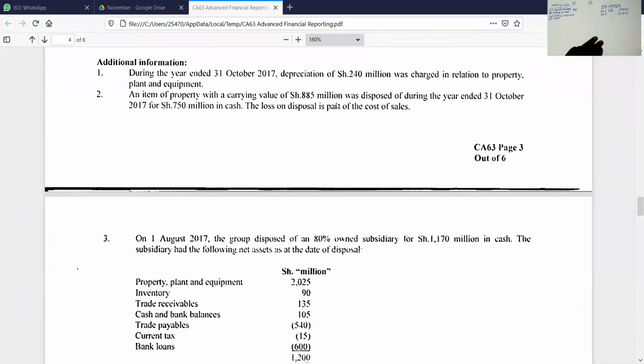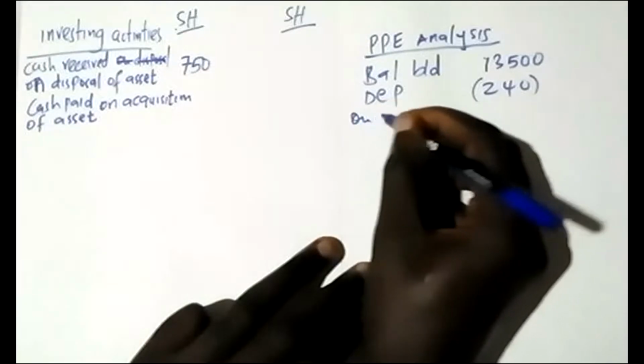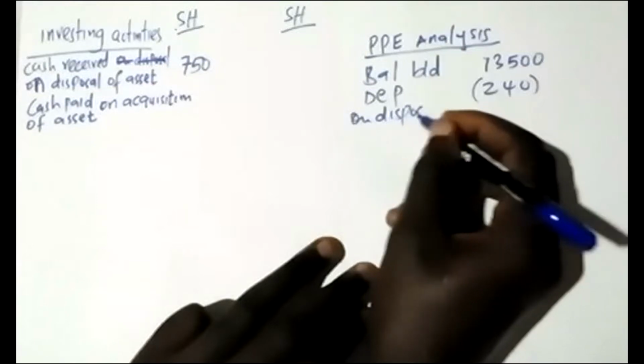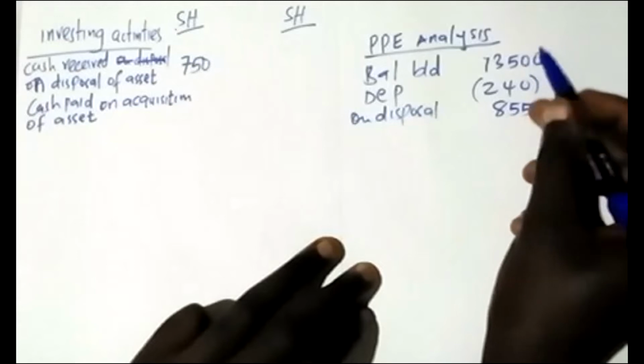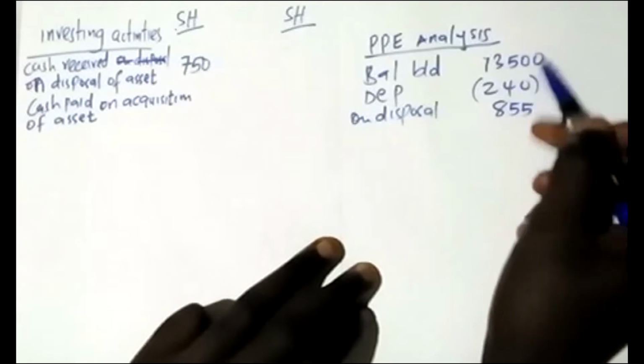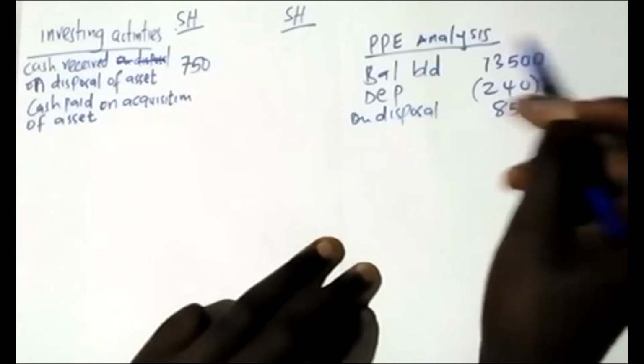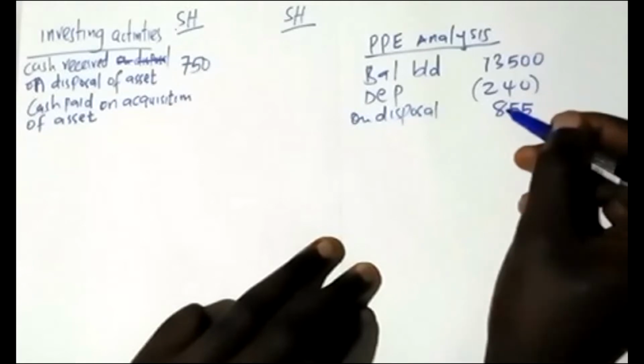Note 2, the next additional information. There's this element of property which was disposed again. Its net book value was 885. They call it a carrying value, 885. So on disposal, I'm picking 885, which is the carrying value, because the value I started with here is a net book value for the relevant property, plant, and equipment.